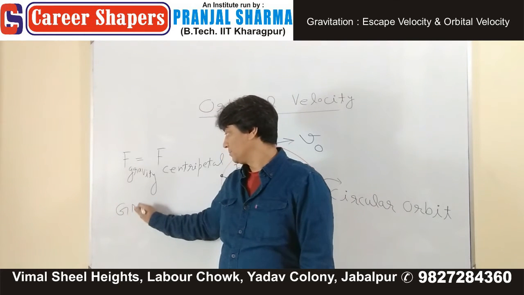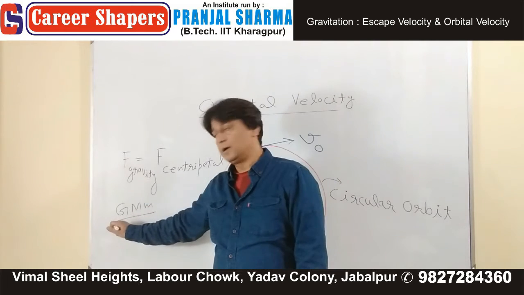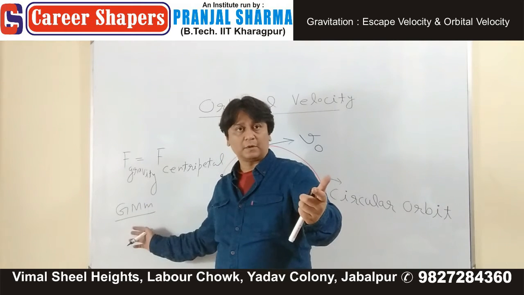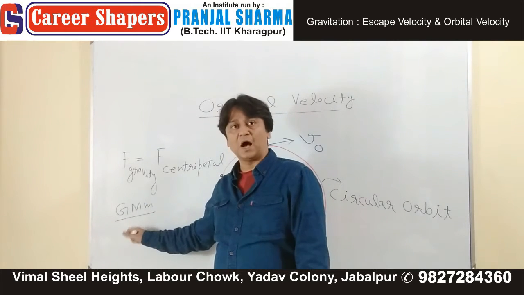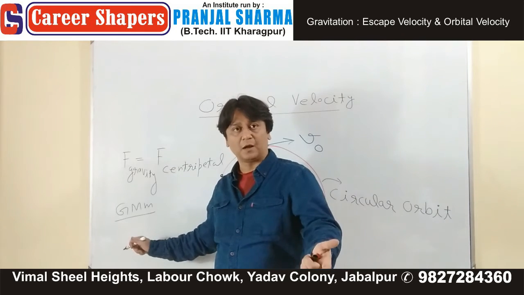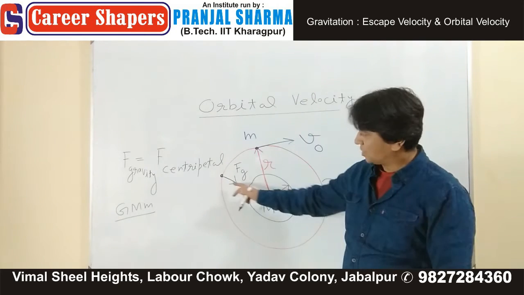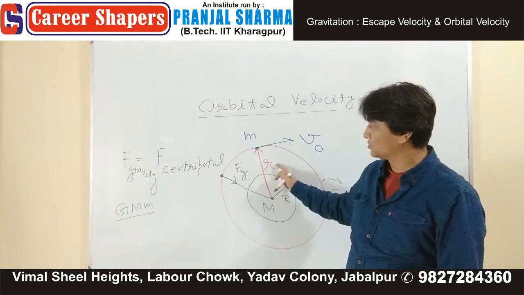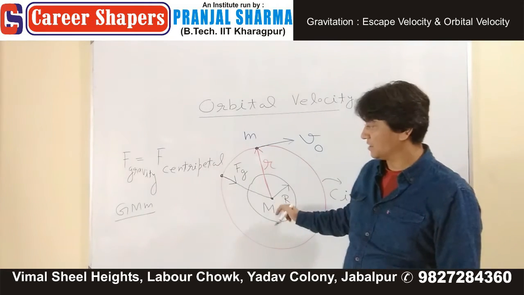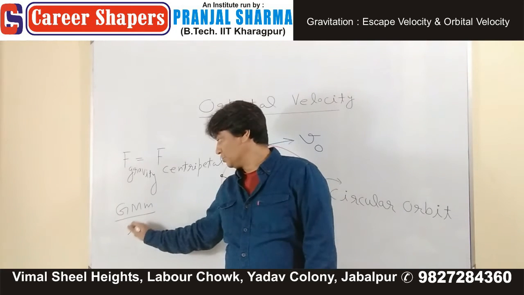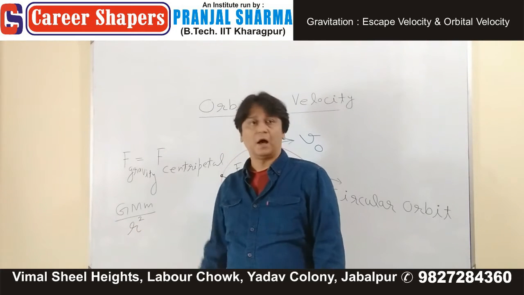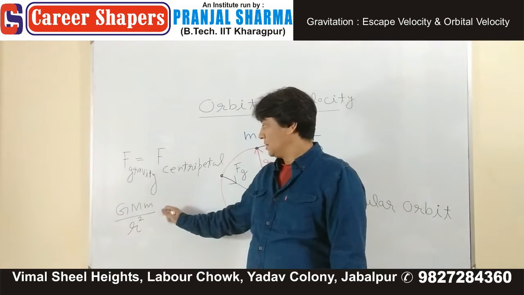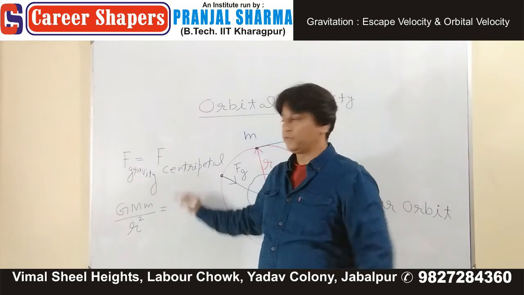GMm divided by, now, many times people simply go for r square and they use capital R. This satellite is moving at a distance of r from the center. So use small r. This is force of gravity. What is centripetal force?